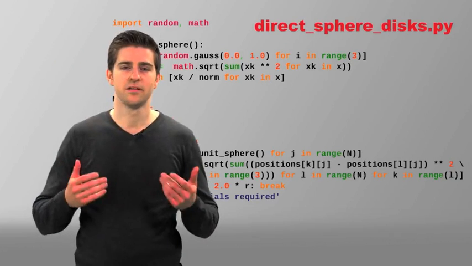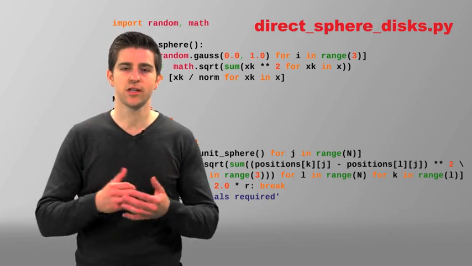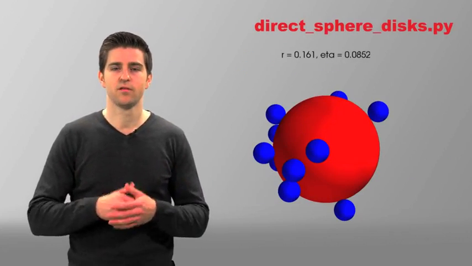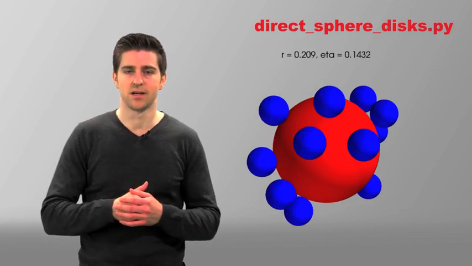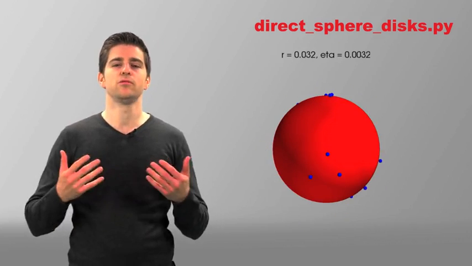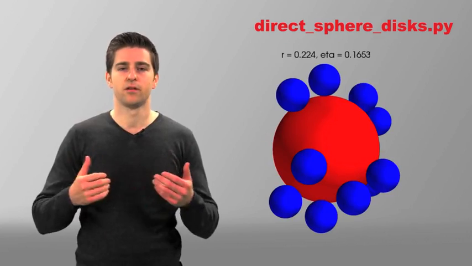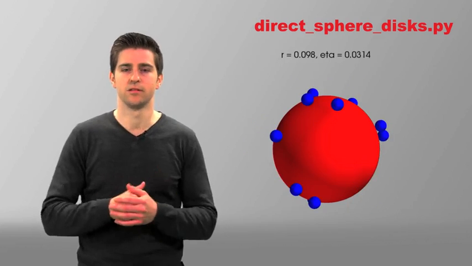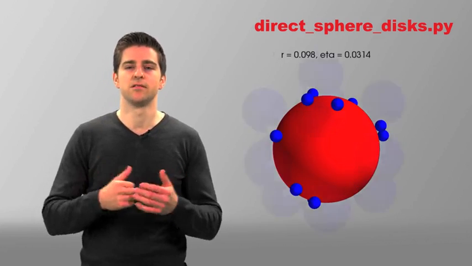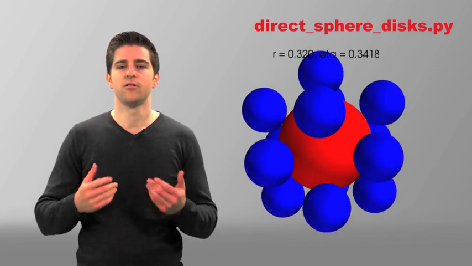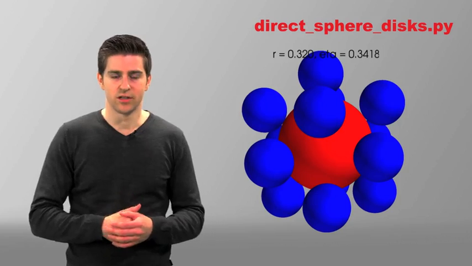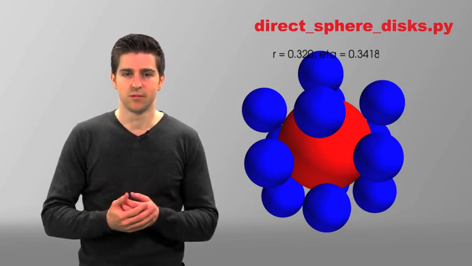Of course, this program works and will eventually give us legal configurations of 13 disks on a sphere. This works very well for small radii, lowercase r, but it suffers from a huge rejection rate for larger disks. Already for disks of radius r = 0.32, the program will generate 10,000s of illegal configurations before finding a single legal one.